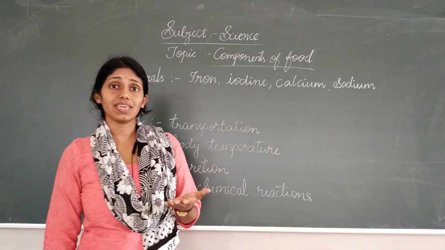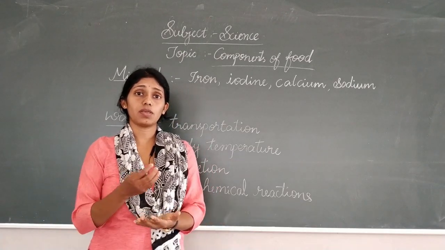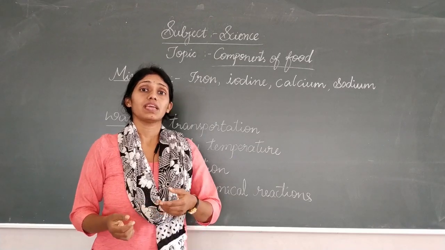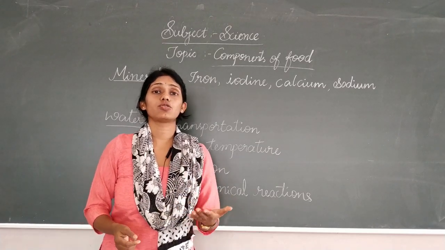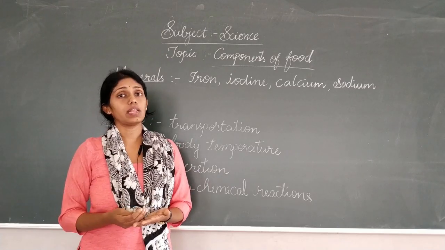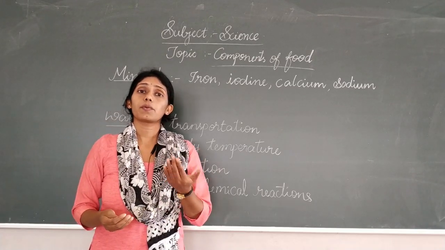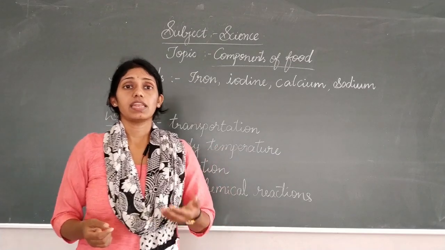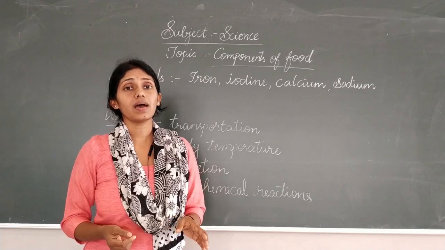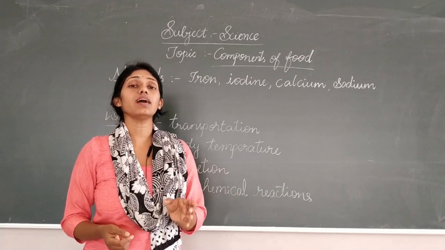That is, when we keep the food item on a piece of paper, if the paper turns transparent, means if it turns oily, it shows that the food contains fats or oil. And then the proteins. Okay children, now let us see a small video that shows the presence of protein in the food.